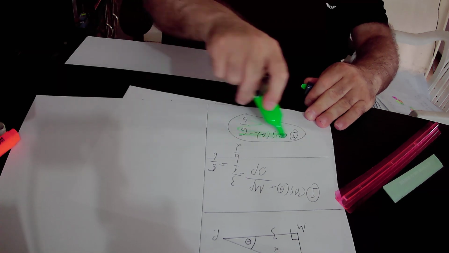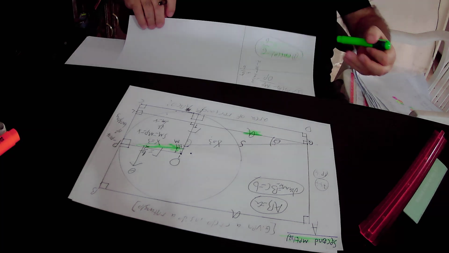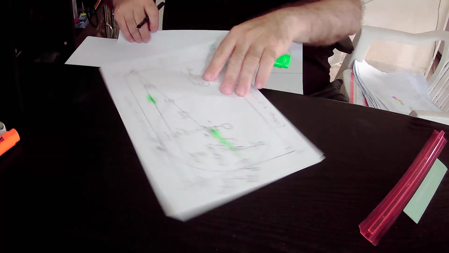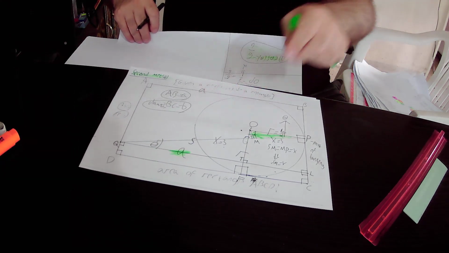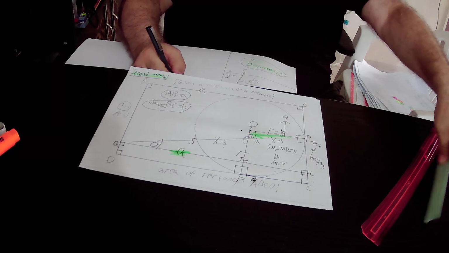In the next step, we'll focus on the big right triangle QPL. On the big right triangle QPL, what is the value of cosine theta?